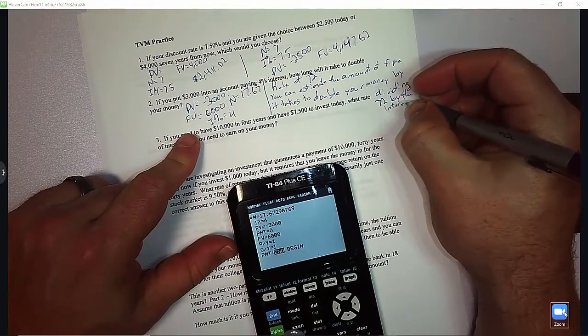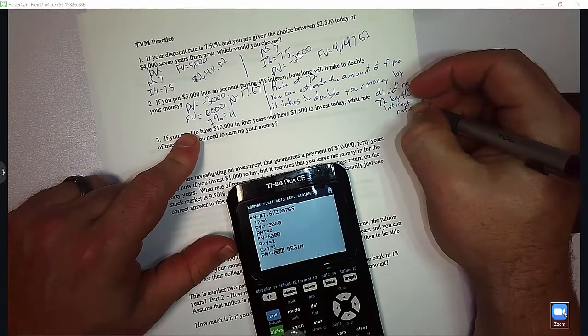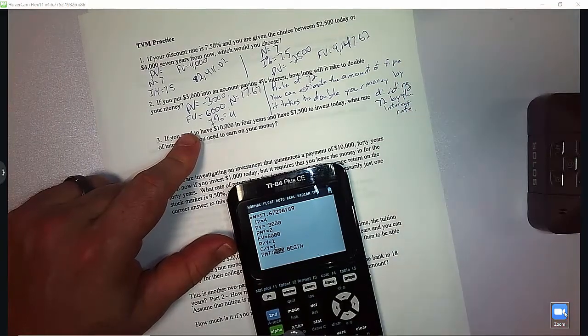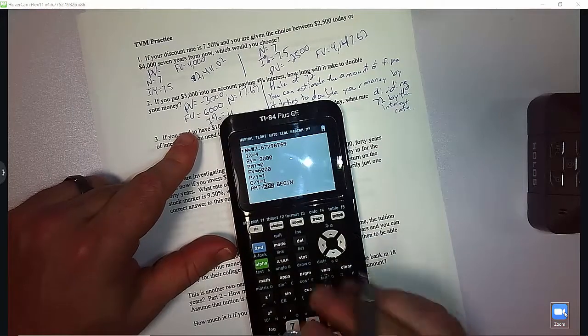And again, you're going to treat that interest rate as a whole number. If you didn't, you'd get a really large number here.